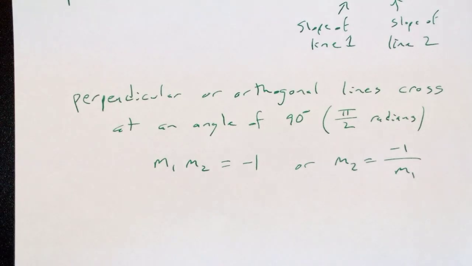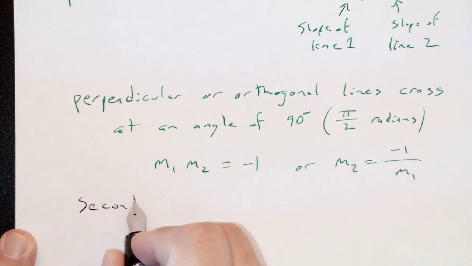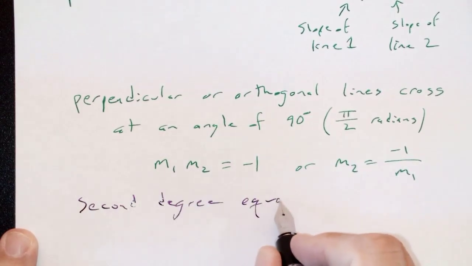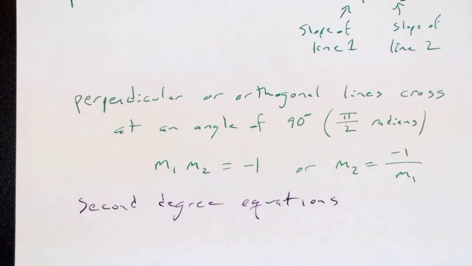Linear equations are the easiest equations we can deal with. Everything's to the first power. What happens when I start raising those powers? Sometimes.